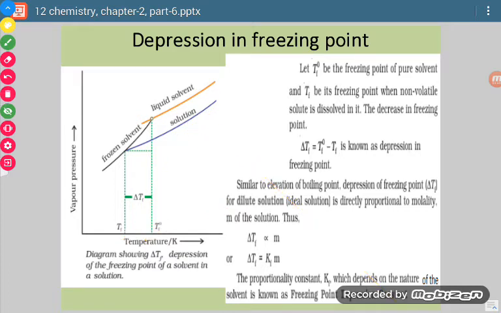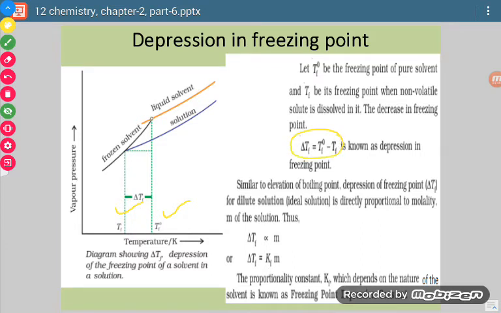So what happened? Now freezing point of pure solvent is higher and of the solution is lower. So this gap is called depression in freezing point. We will denote it with this symbol delta Tf. Now delta Tf will be equal to Tf naught minus Tf, always higher value minus lower value.